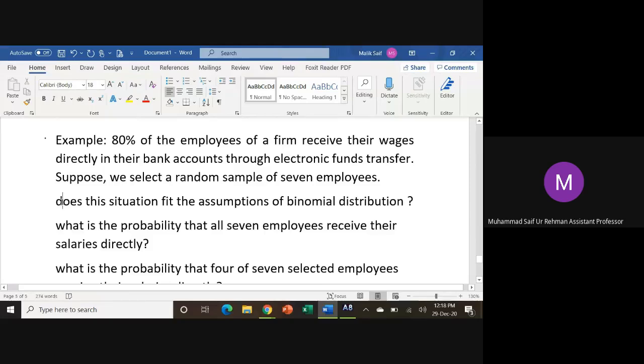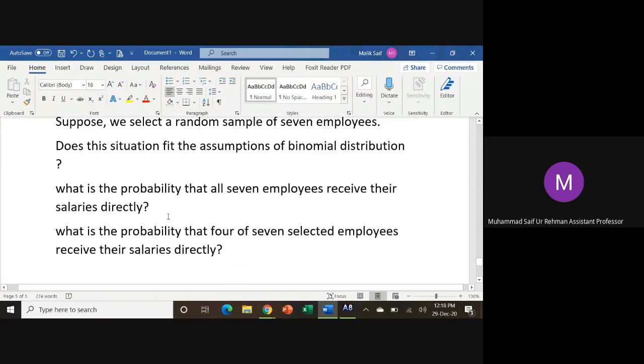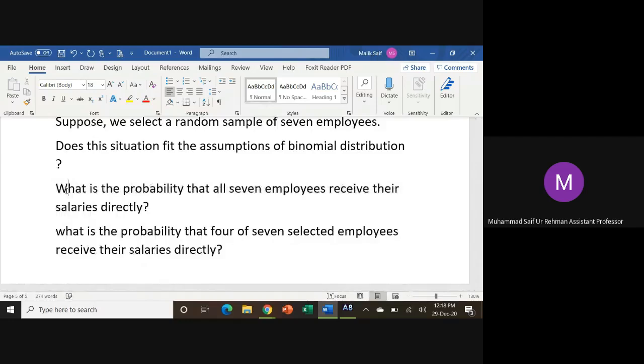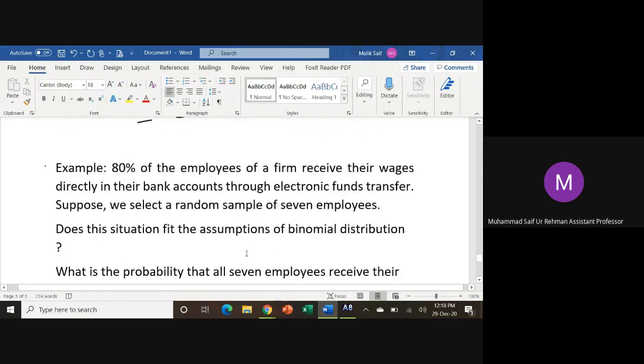So does this situation fit the assumptions of the binomial distribution? This was the first question. What is the probability that all 7 employees receive their salaries directly in their bank accounts? And then there was a question: what is the probability that 4 of 7 selected employees receive their salaries directly? Okay. So what is your opinion? Does this situation fit the assumptions of the binomial distribution?